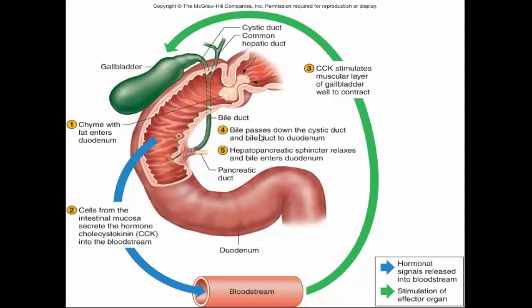That bile passes down the cystic duct into the duodenum, and from there that bile will help break down fat. So CCK is only secreted once the presence of fats is detected in the duodenum. If fats aren't detected here, then CCK won't be released and bile won't be introduced into the small intestine.